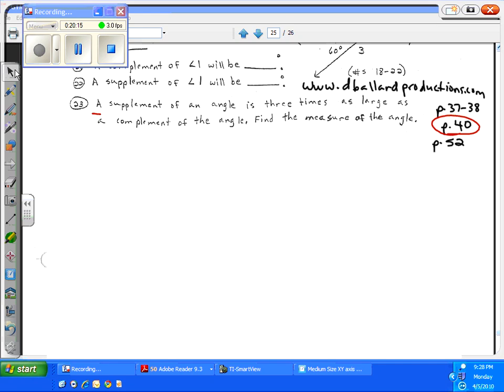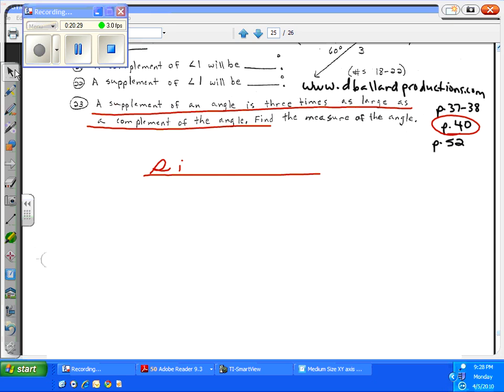Now, what we would do on page 40 of the Algebra 1 text, we would say, it says a supplement is 3 times as large as its complement. And so what we would do is we'd say, well, that's a comparison between two characters. Supplement S is, see, we need the characters, and the verb, and anything that means add, subtract, multiply, or divide.